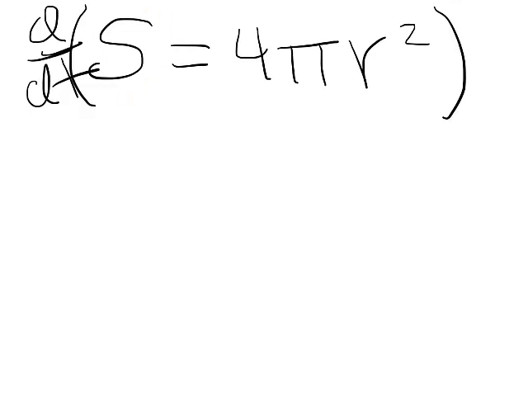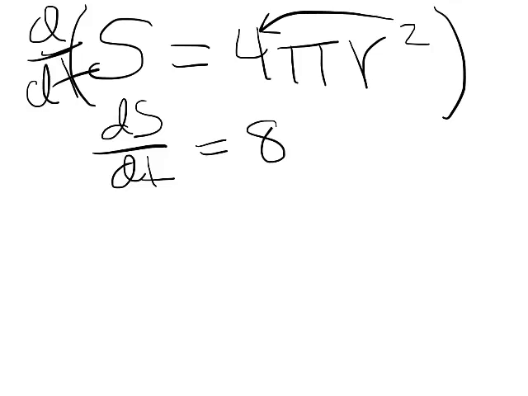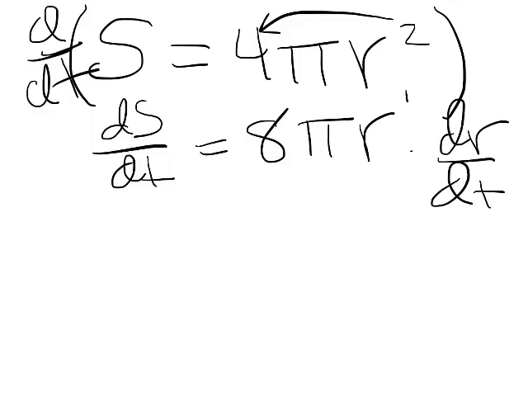The derivative of surface area with respect to time is simply dS/dt. And then for the derivative of 4 pi r squared, I do the power rule, so the 2 gets multiplied by the 4, and I get 8 pi r to the first power times dr/dt, since I also have to take the derivative of radius with respect to time.